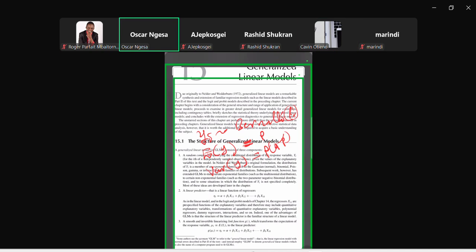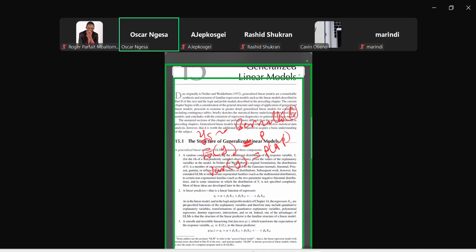So what does the link function do in a GLM? I think it's used to connect the expected value of the response variable to the linear predictors. It connects the expected value of the response variable to the linear predictors. Okay. So what is the expected value of the response variable in our case here, the one that we are dealing with?